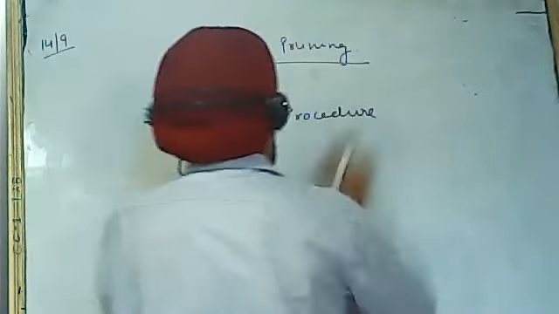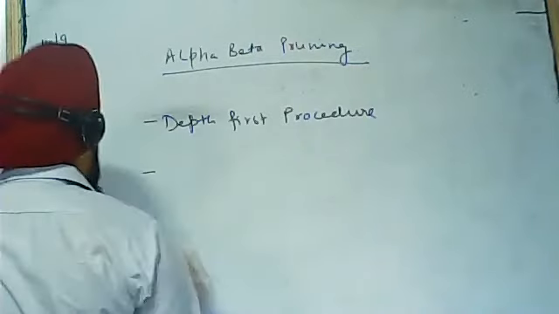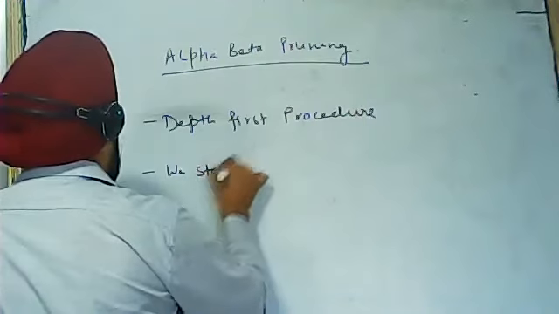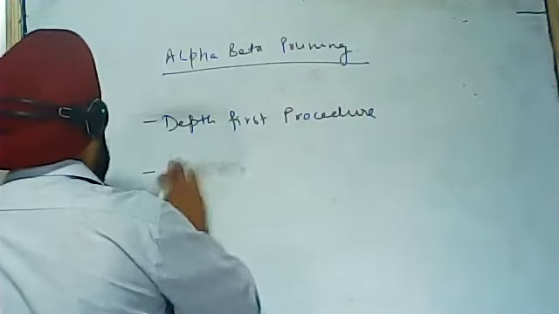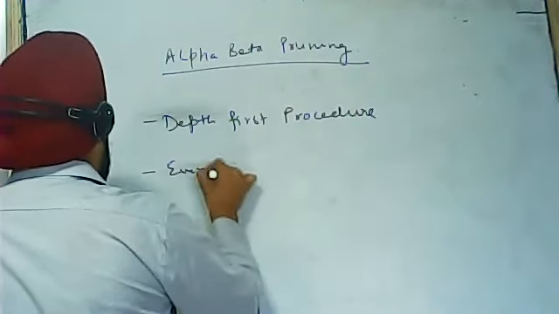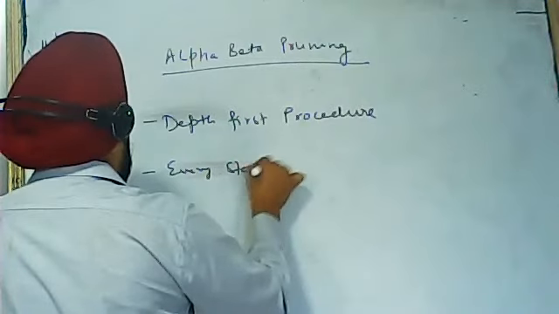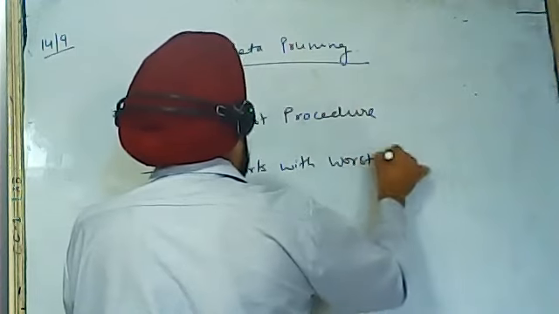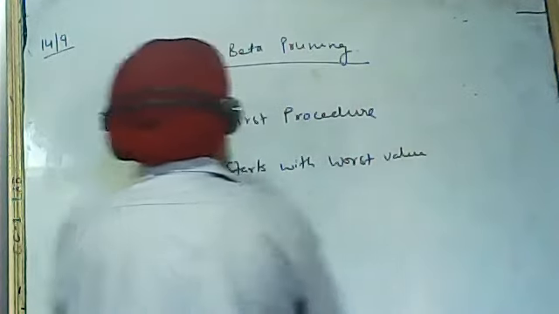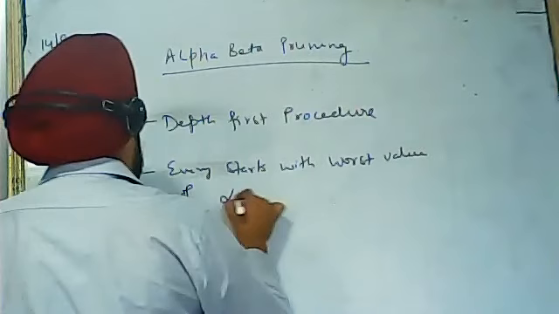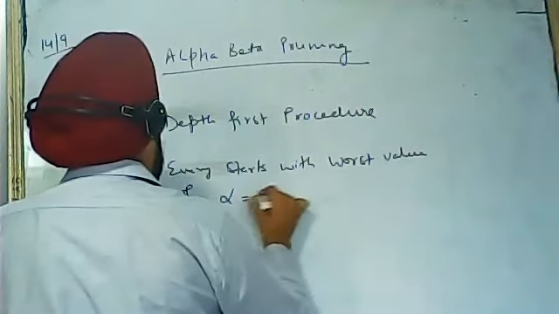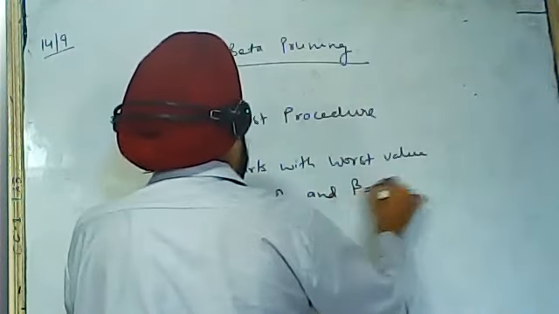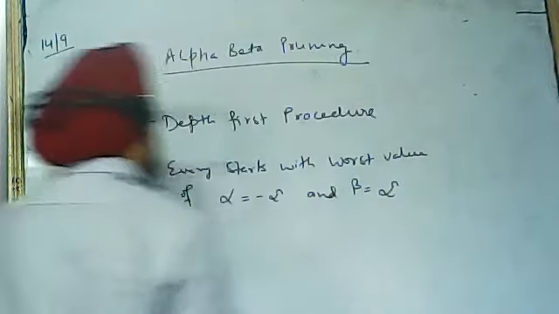Then we have to remember every node starts with the worst values of alpha, that is minus infinity, and beta, that is infinity.